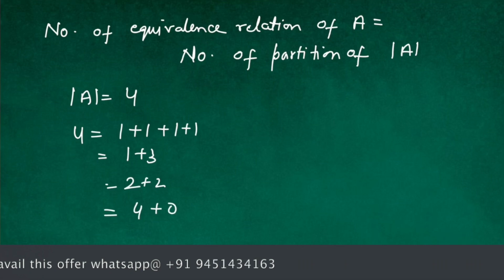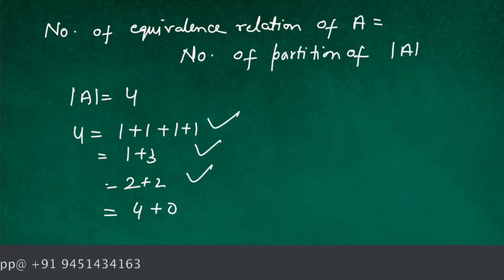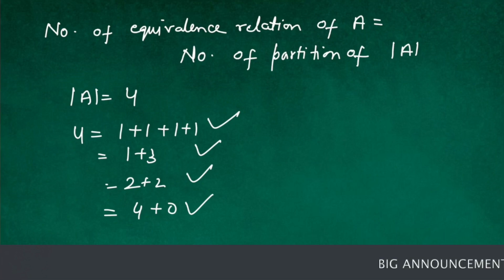So there are 4 possible partitions for 4. So the number of equivalence relations on set A whose cardinality is 4 will be 4.